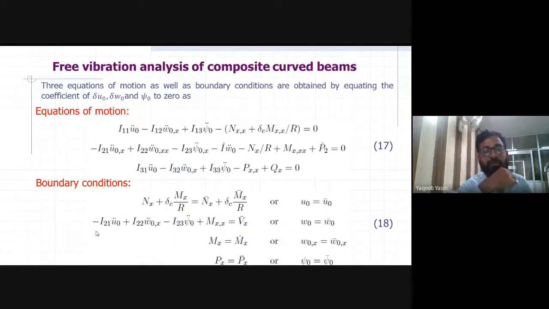For example, for the two mass system, that equation was very easy, and you know the values of mass m1, m2, and so on, then you can easily find the natural frequencies. But in this case, the equations are very difficult, and it is not simple. Therefore, we have complex boundary conditions and a complex system of equations.